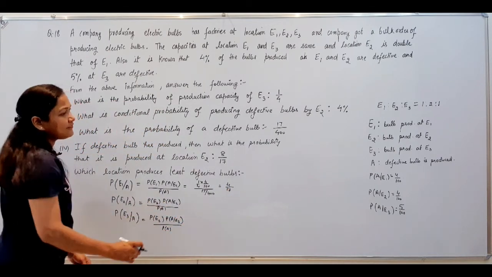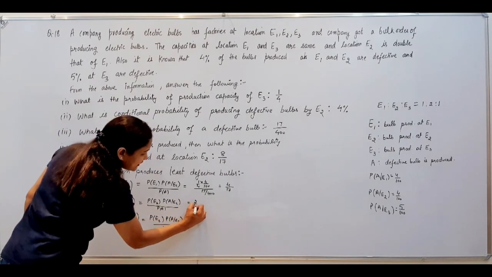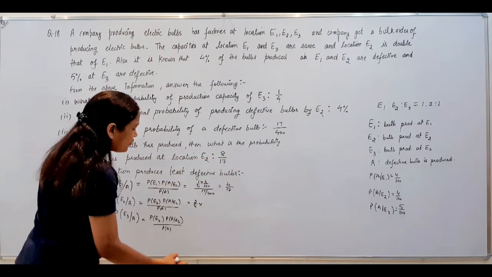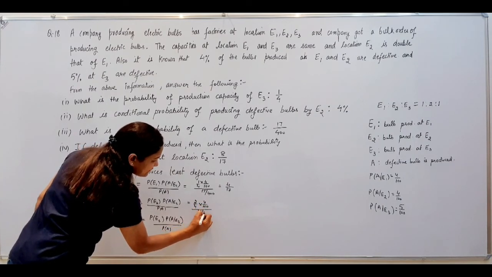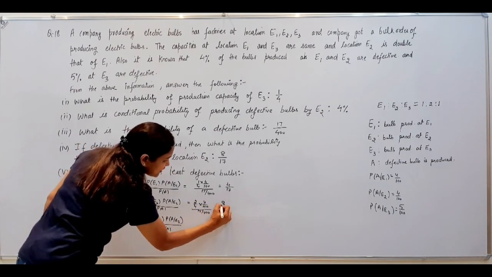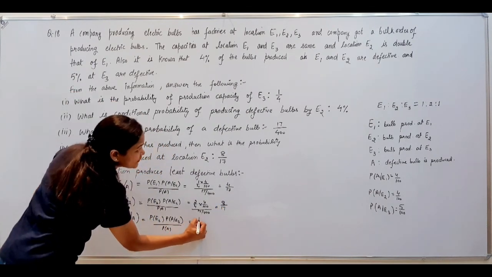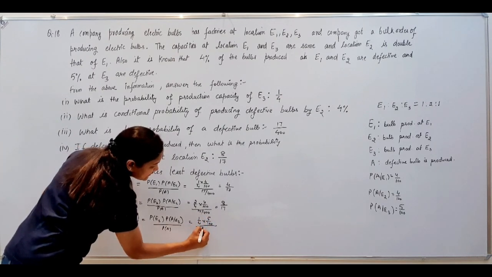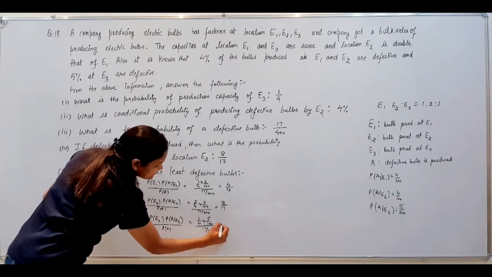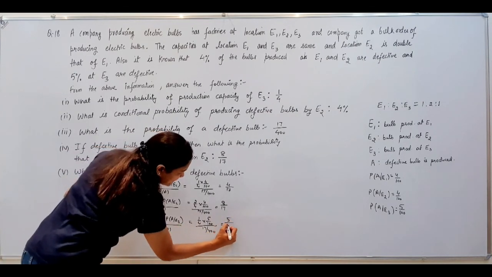Next is probability of E2 is 2 by 4 into 4 by 100 divided by 17 by 400, and this is equal to 8 by 17. And finally this is equal to 1 by 4 into 5 by 100 divided by 17 upon 400. So this is equal to 5 by 17.